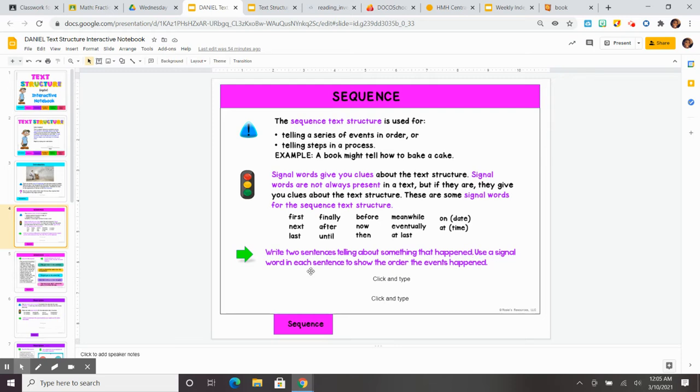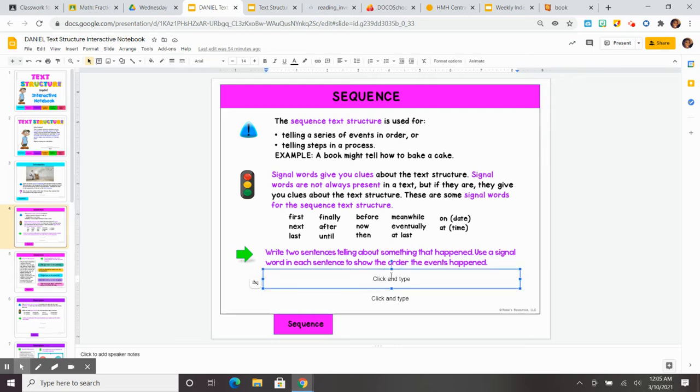Use a signal word in each sentence to show the order the events happen. All right, so you're going to type in a sentence here to tell that something has happened, and you are going to use a signal word in each of your sentences. All right, so I might type in, first I ate a piece of gum, and then I might type in this box, next I swallowed my gum.